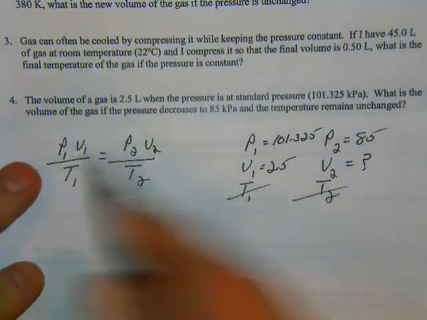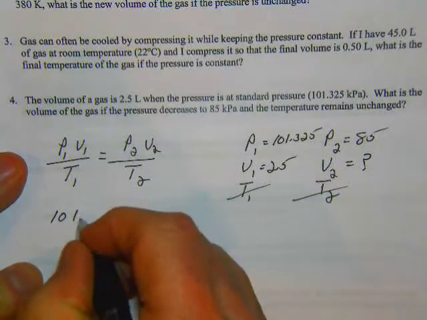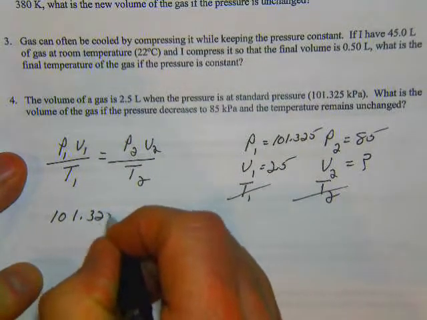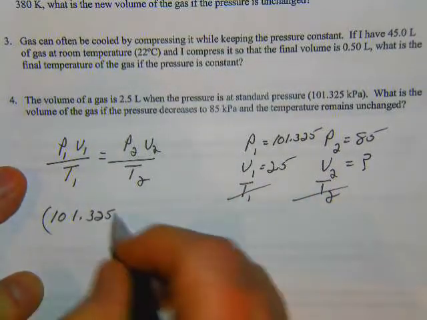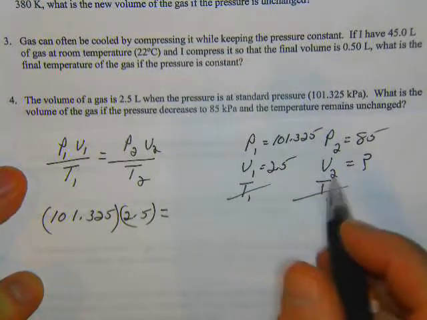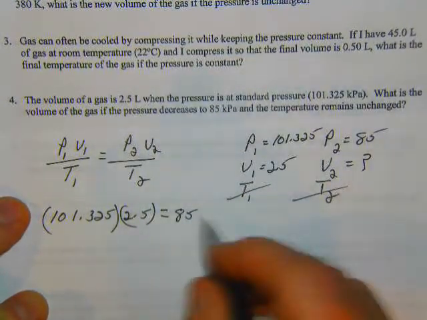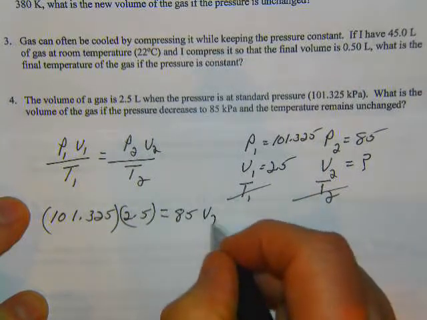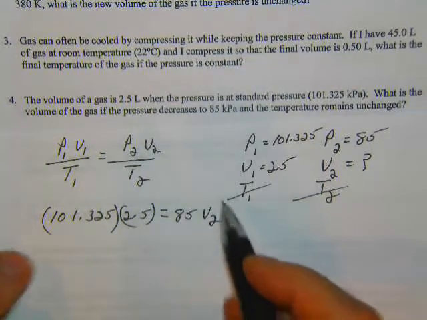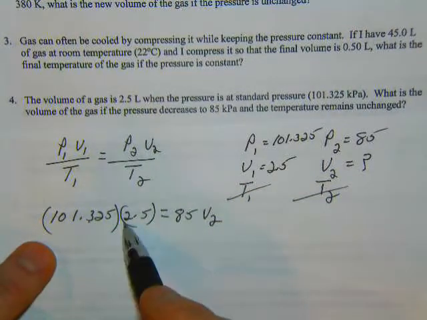So temperature is really not going to enter into this one. We have P1 is 101.325, V1 is 2.5, P2 is 85, and V2 we don't know. Pretty straightforward math here: this times this, divide by that.